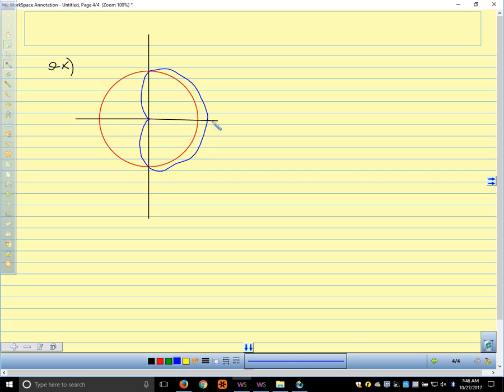Not a bad cardioid. So we have a circle and a cardioid, and we want the area of their common interior.